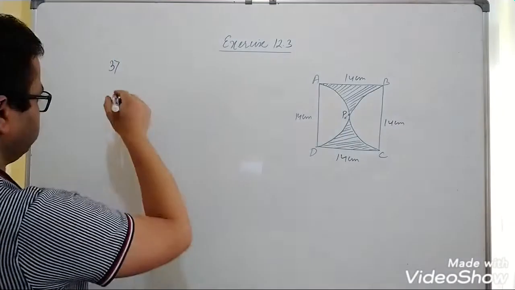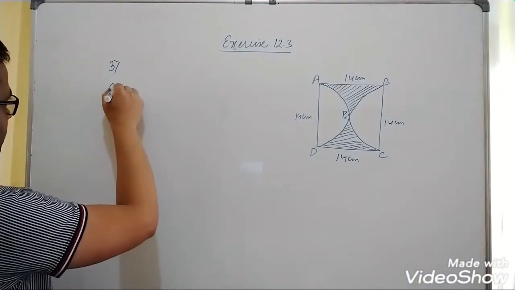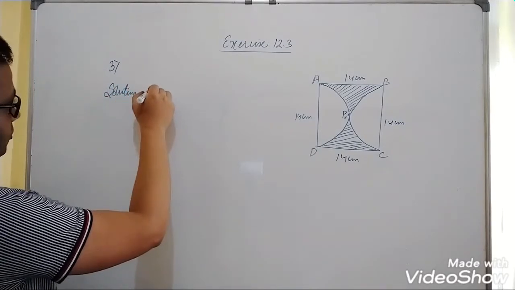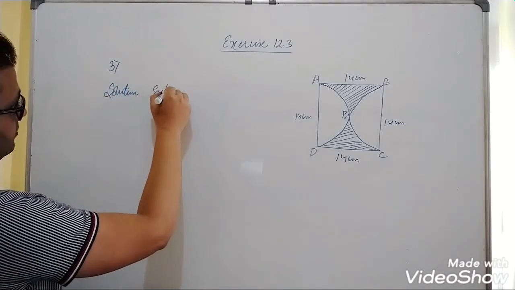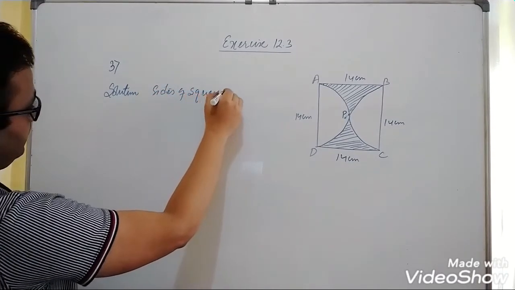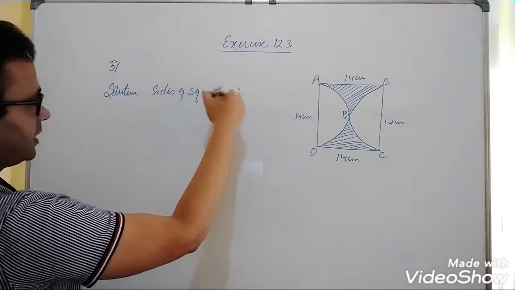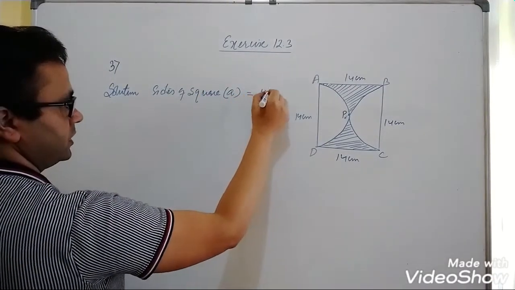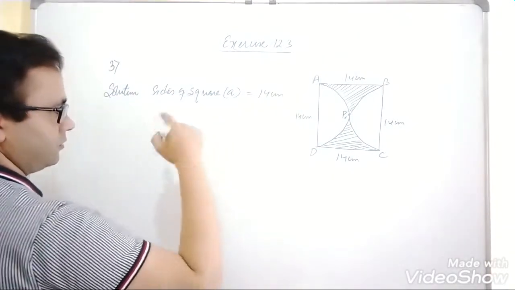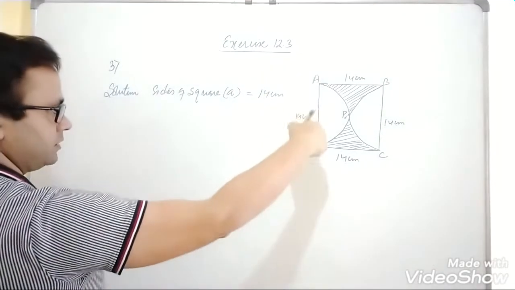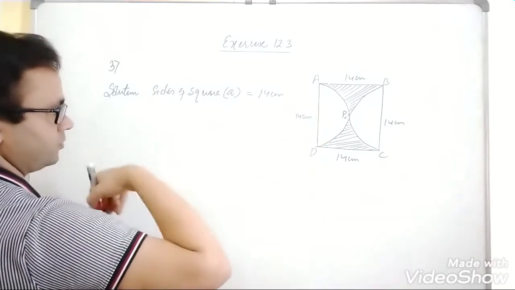So in the solution, the side of the square, represented by A or any alphabet, equals 14 centimeter. Now first we have to calculate the radius of the semicircle. The diameter is equal to the side of the square.